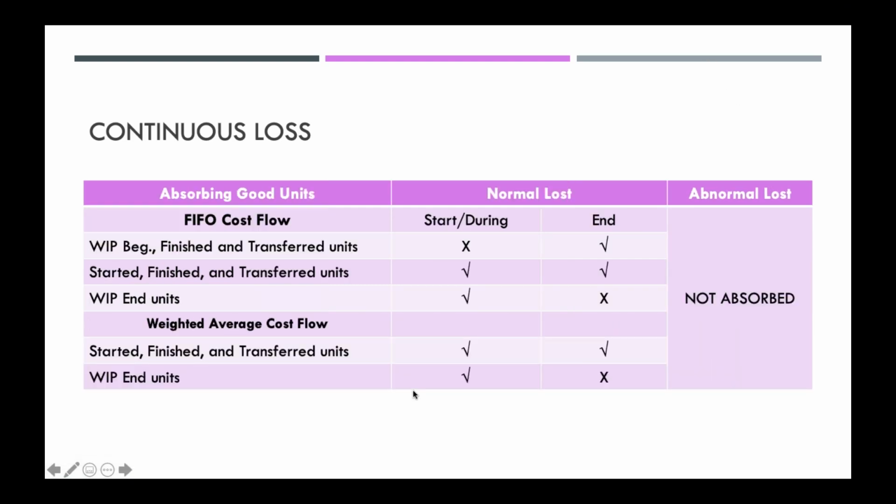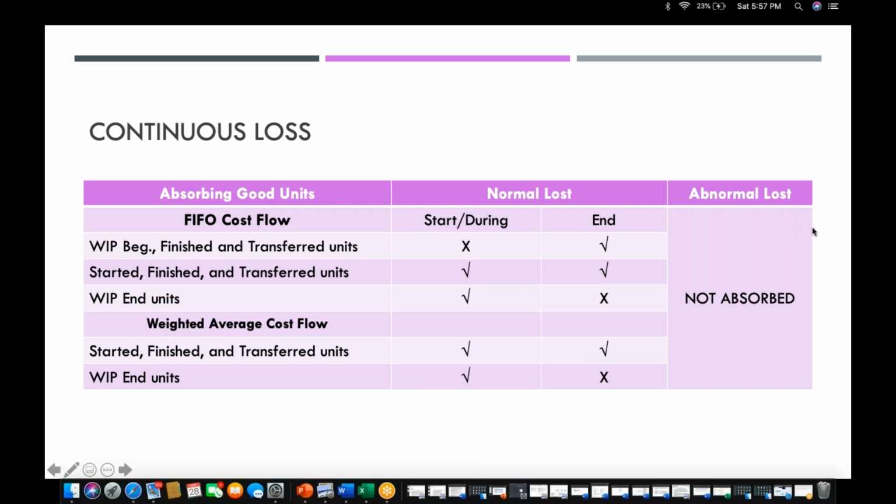Okay, next. Who will absorb the cost of the normal loss and the cost of the abnormal loss? Who will absorb? Meaning, to whom will we charge the cost of the spoiled goods under normal loss and abnormal loss?